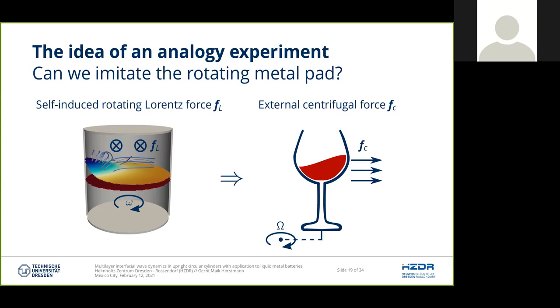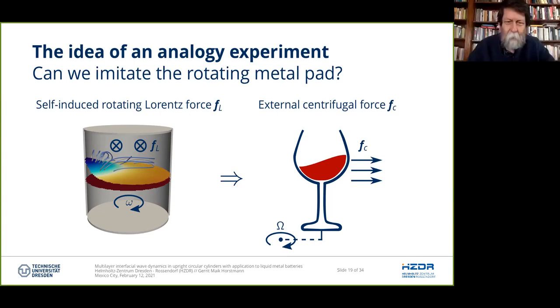I didn't understand very well the experimental setup. If I interpret correctly this picture, you are rotating around the axis of the cylinder on the left hand, but on the right hand, where you have this wine glass, the axis of rotation is off the center of the axis.